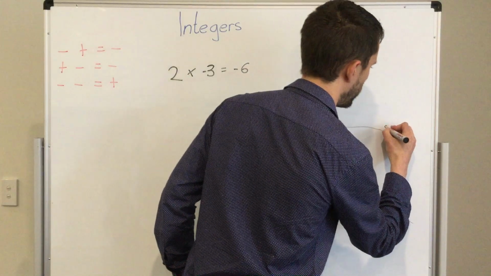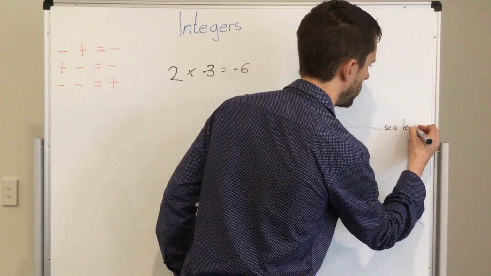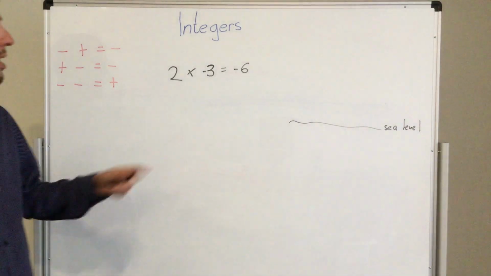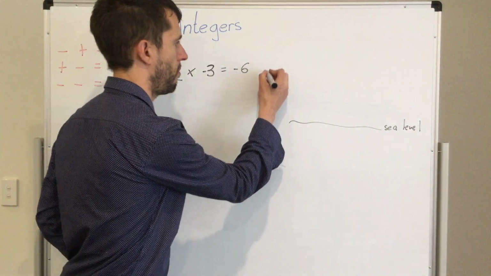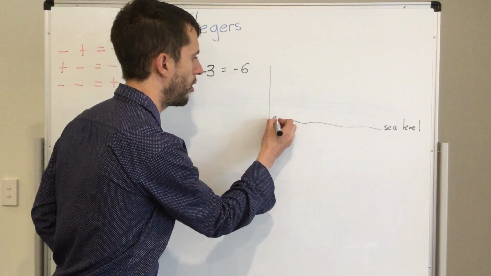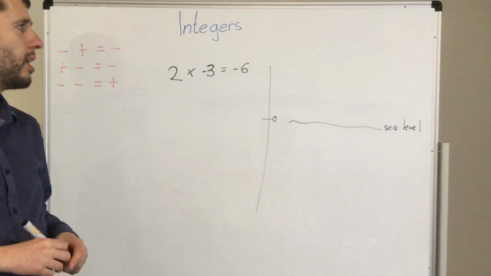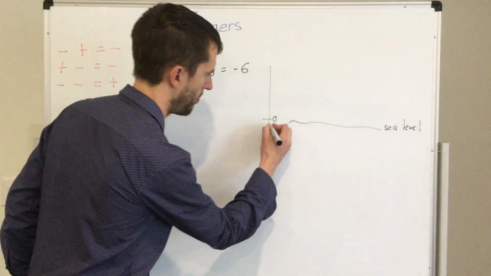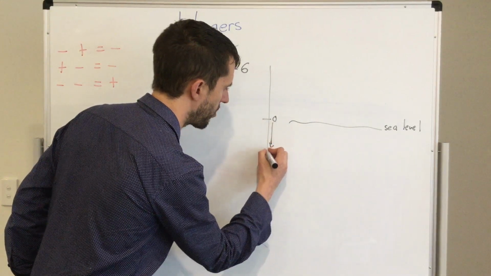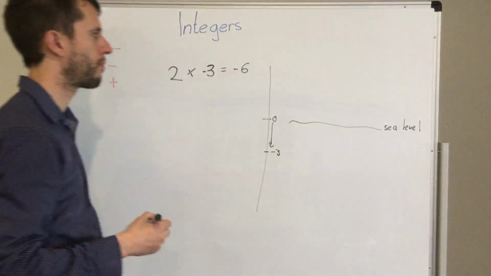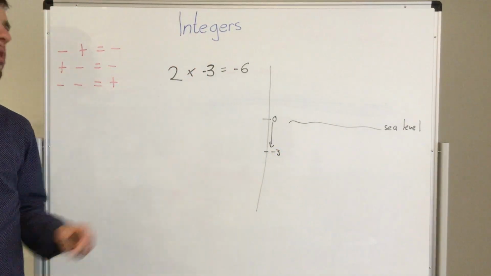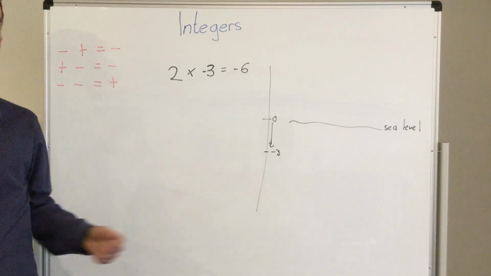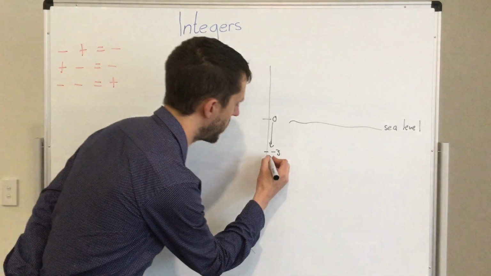Now, this is sea level. A friend of mine, sea level is 0. So if a friend of mine dived down negative 3 meters, so went down negative 3 meters, and I doubled the distance that they went down, so I went negative 3 plus I added on a negative 3.